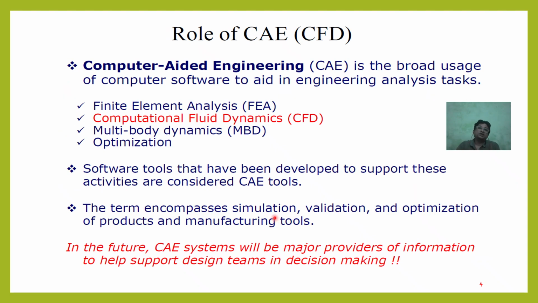So now, on the initial slide, I have told you the role of CAE. The full form of CAE stands for Computer Aided Engineering. It is the broad use of computer software to aid in engineering analysis tasks.